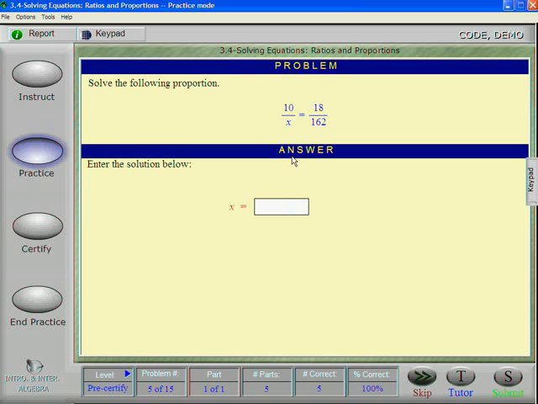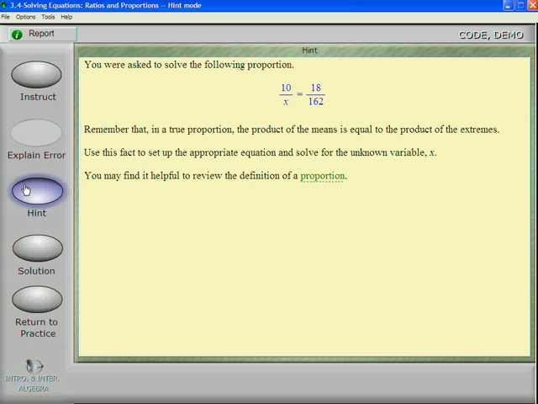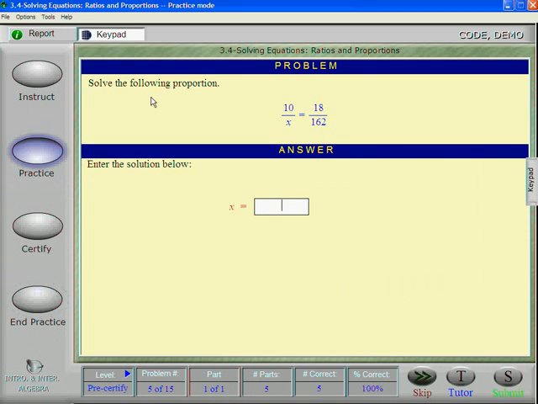Okay, here's a proportion. It looks like we can cross multiply. If we do the tutorial, looks like they're just going to give us a hint in terms of what to do, so we can talk through it ourselves. We know that we can multiply x with 18, 162 with 10.